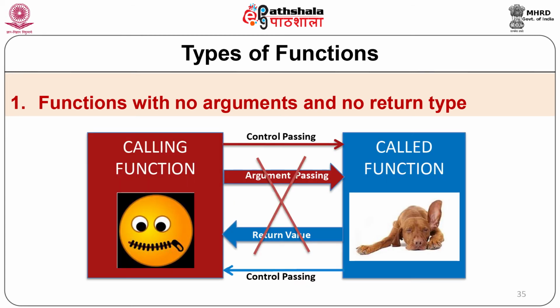In this example, the calling function is the emoji and the called function is the dog. The calling function passes control to the called function, but the called function is not responding anything, so it doesn't give any return value, and after that control passes to the calling function.